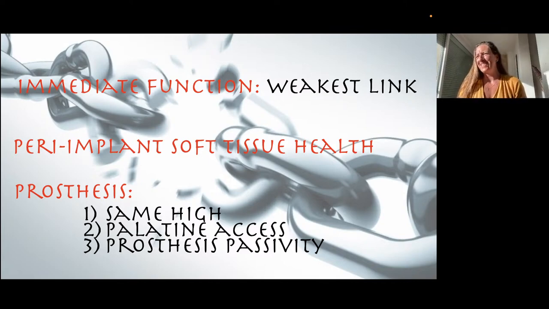I already told this several times, but it's important because this biological sealing of the soft tissue, what we call the mucointegration, will act like a barrier for the bacterial plaque, for the bacteria not to go inside the bone.